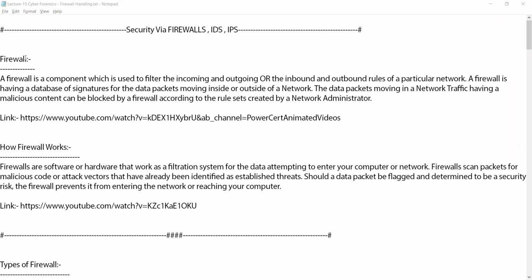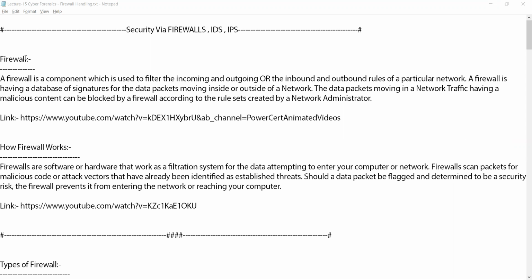So a data packet moving in network traffic that has malicious content can be blocked by a firewall according to the rule set created by the network administrator. If the network administrator created a rule set, it provides different security measures regarding firewalls and particular attacks.